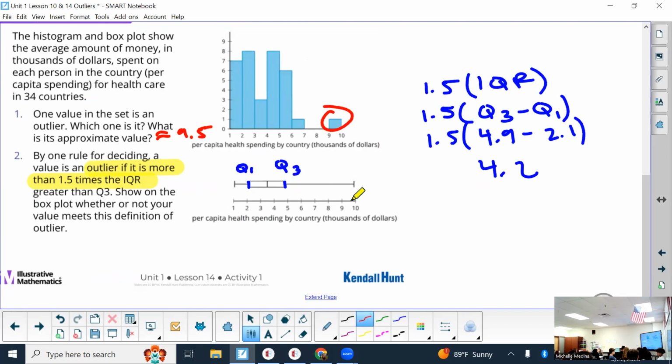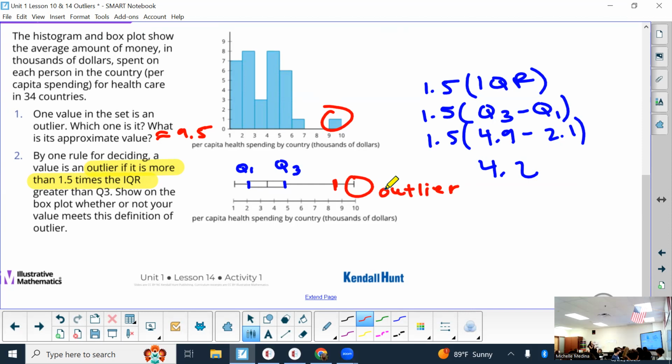So let's see. 4.2 plus 4.9-ish, so that's about 1, 2, 3, 4.2-ish, about here. Is the value to the right an outlier? Yes, because it went beyond the 1.5 times the IQR.